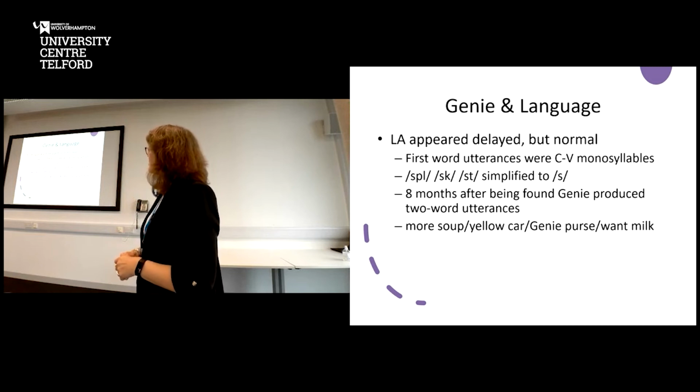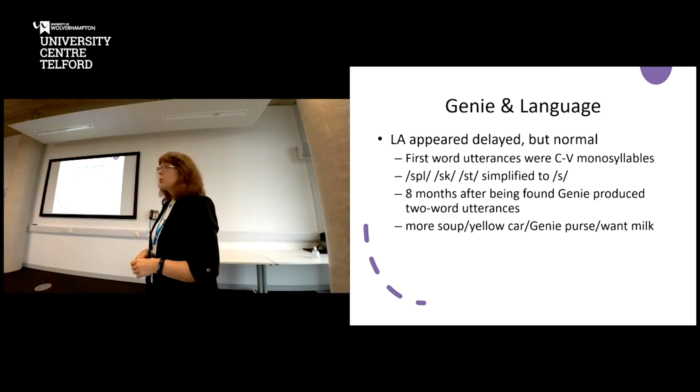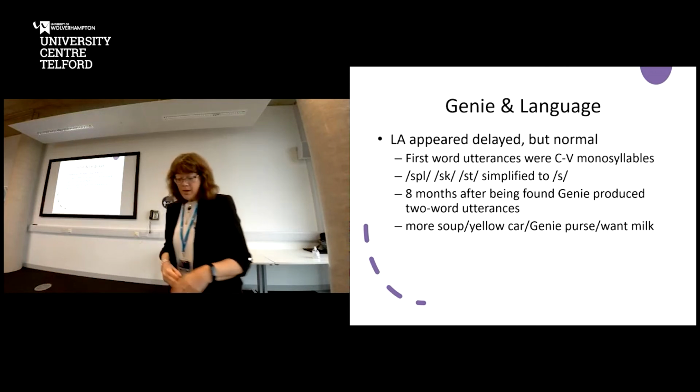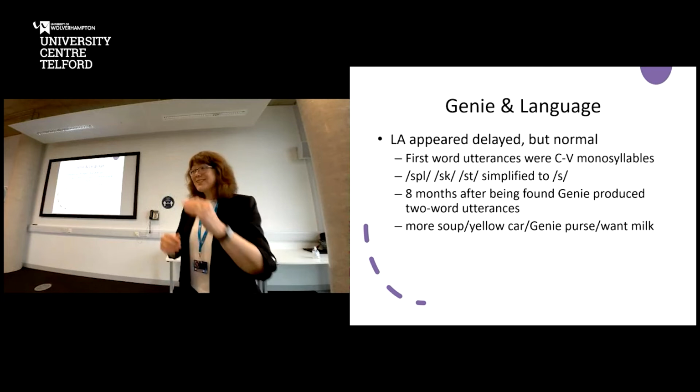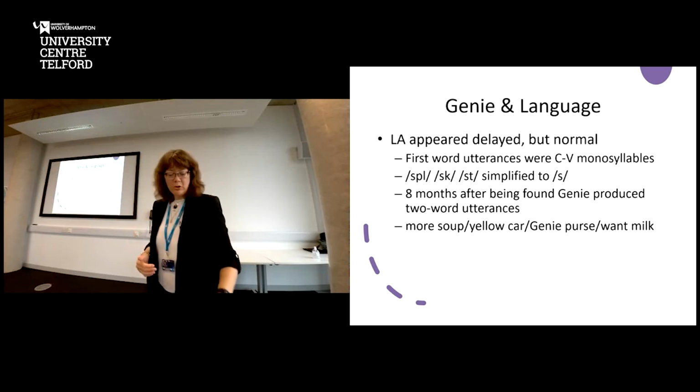Her first words were CV monosyllables, which is normal, as we've seen, for a baby learning language. After 8 months, she'd managed to produce 2-word utterances like more soup, yellow car, genie purse, want milk. So she's got to the level of about a 2-year-old. She seemed to go through the stages that a younger child would go through.